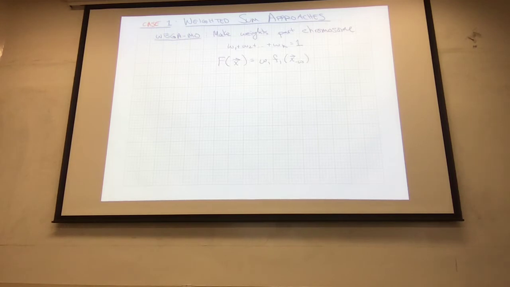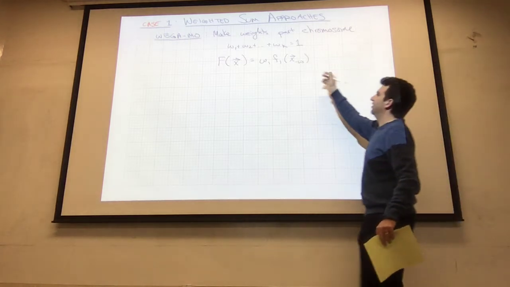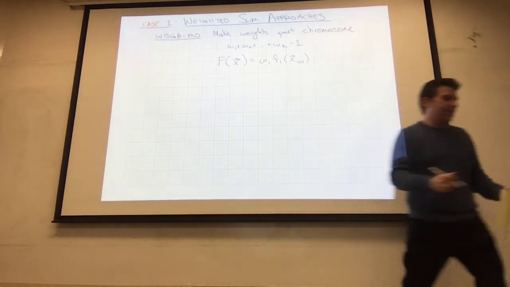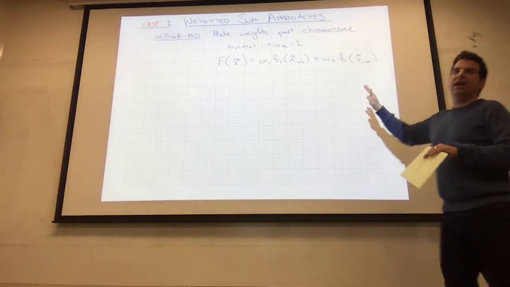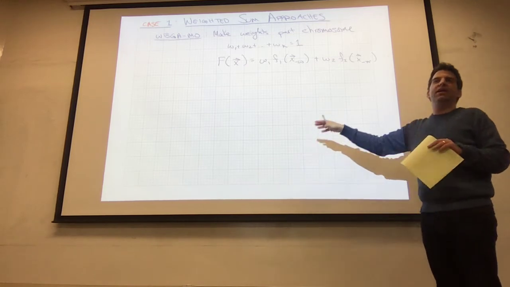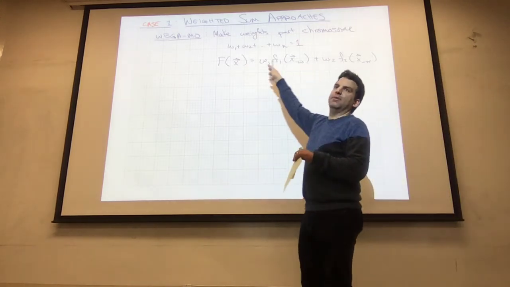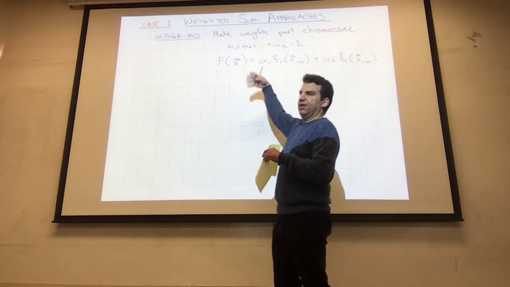That's my kind of game theoretic notation here, the minus weights, plus W2 times F2 of the chromosome minus the weights, and so on. And so without any modifications to a genetic algorithm, you can immediately implement this. And that's the reason why these were one of the first approaches.